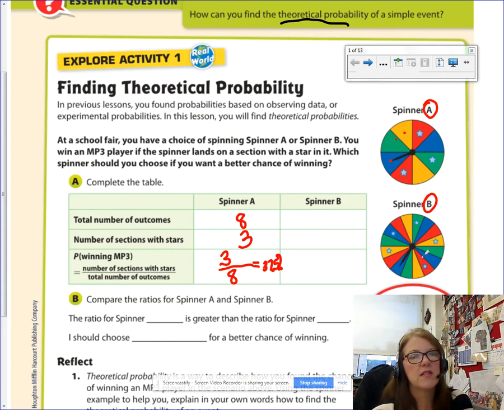All right, let's look at spinner B. Yikes. I'm going to have to mark these 1, 2, 3, 4, 5, 6, 7, 8. So it looks like 16, huh? 9, 10, 11, 12, 13, 14, 15. Yep, 16. Out of those, 1, 2, 3, 4, 5 of them have stars. Okay.